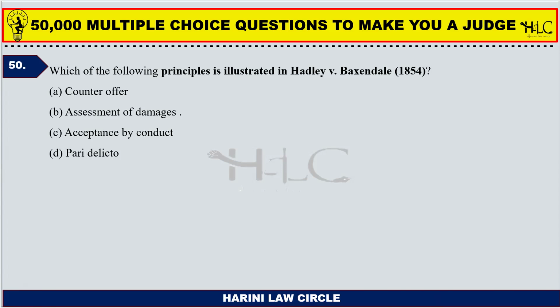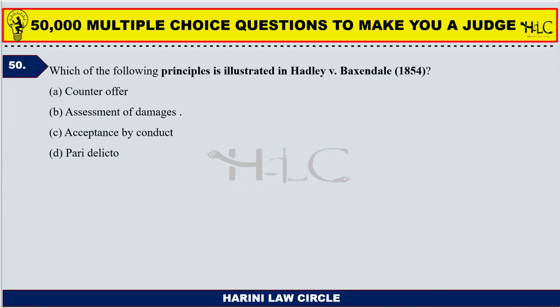So we have various pre-independence principles which enshrine the English law principles, which is incorporated in the Indian Contract Act as well, because the Indian Contract Act is basically a pre-independence act.